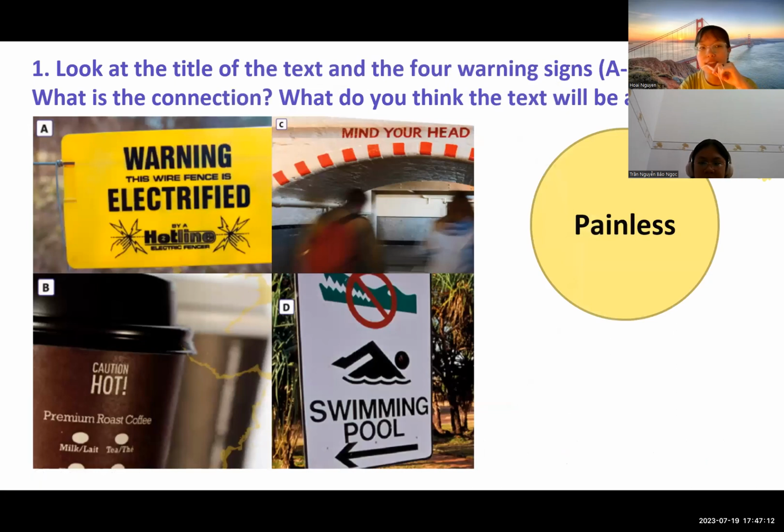Let's look at the first task here. Look at the title of the text and the four warning signs, A to D. What is the connection and what do you think the text will be about? Okay, so look at picture A, and what is the connection between the warning sign here and the environment?